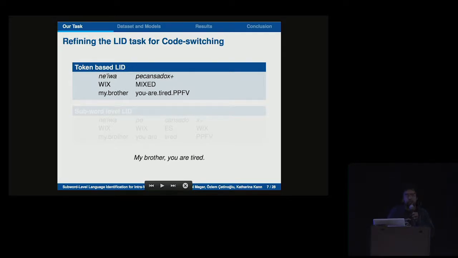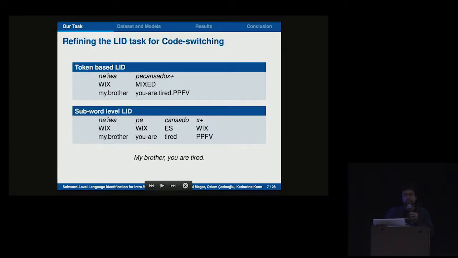So this is why we want to redefine the language identification task for code switching. The traditional way of dealing with such kinds of words was assigning a mixed word label for them. But of course, if we do that, we will lose a lot of information. As we see in this example, we are losing a lot of information, and the entire sentence will lose meaning if we try to ignore this kind of words.